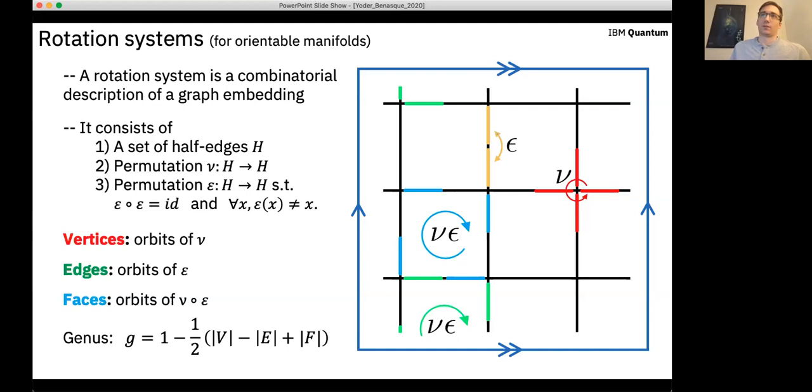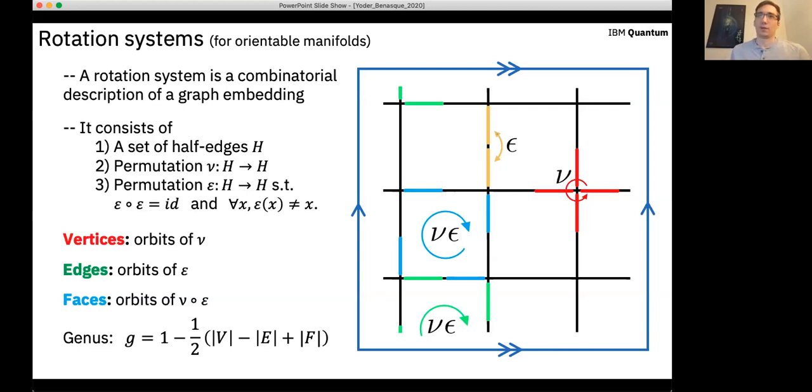Once you have these things, it automatically defines an embedded graph. The vertices of the graph end up being orbits of nu, as you can see in this picture on the right. The edges end up being orbits of epsilon, and the faces end up being orbits of nu composed with epsilon.